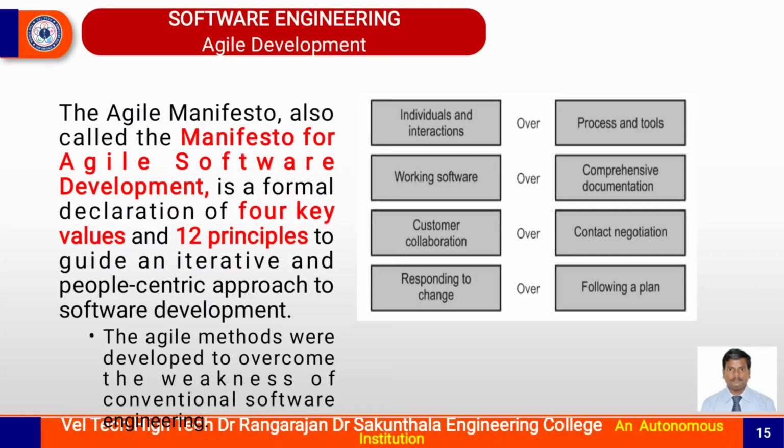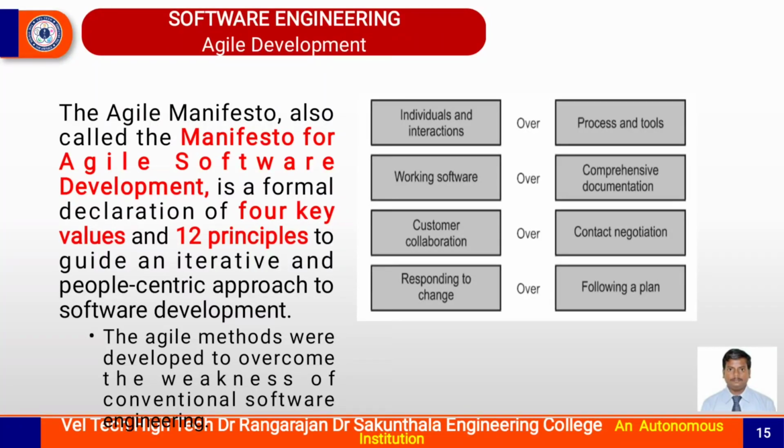There are some weaknesses we can overcome, and the agile manifesto can be represented as individuals and interaction over process and tools, working software over comprehensive documentation, customer collaboration over contract negotiation, responding to change over following a plan. So, there are 12 principles to guide, and we have an interactive, people centric approach to software development.